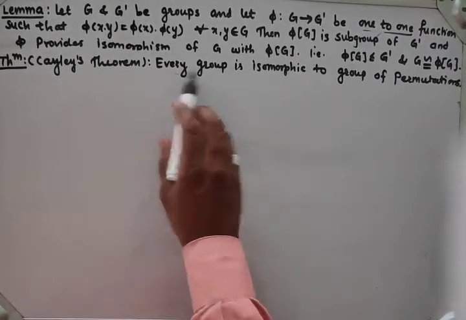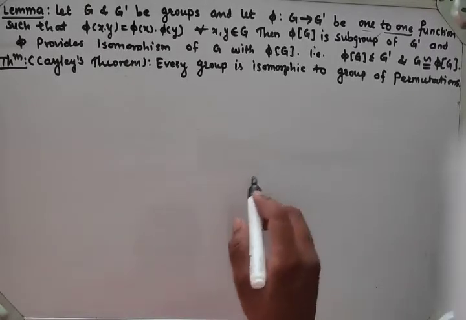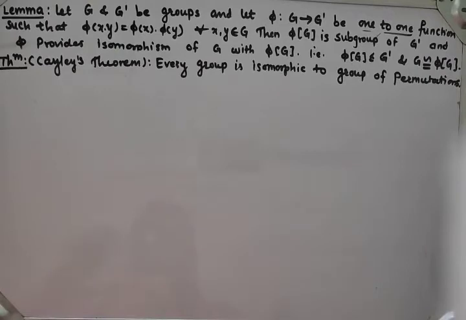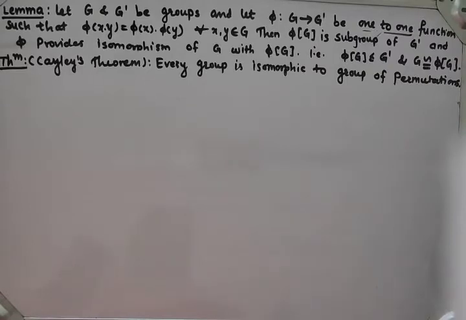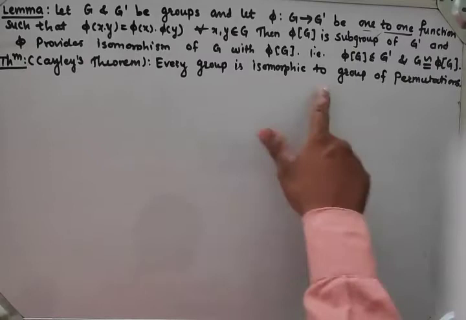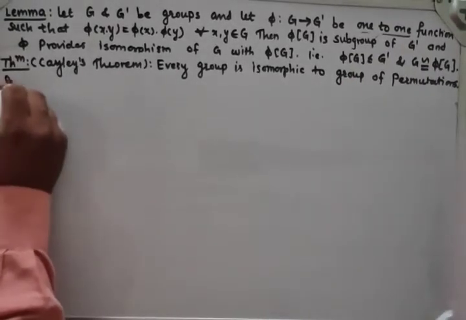What is the theorem? Every group is isomorphic to a group of permutations, and a function f from A to B is said to be a permutation if it is both one-one and onto. Then we see that this is a permutation, right? And here every group is isomorphic to a group of permutations. Let's see the proof.